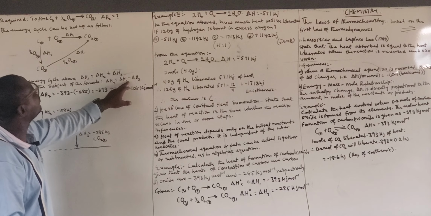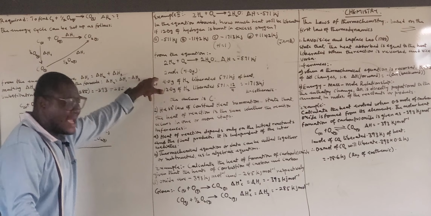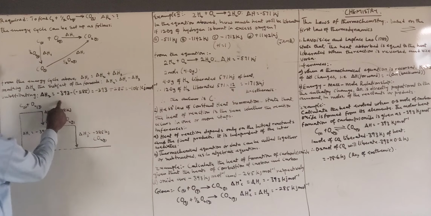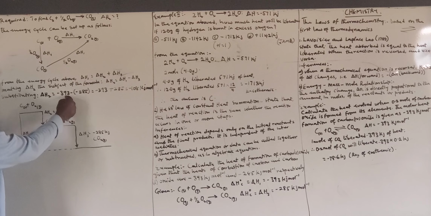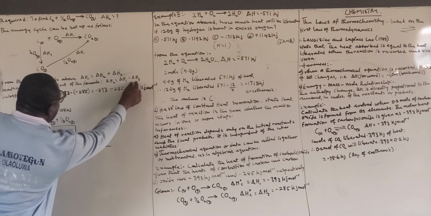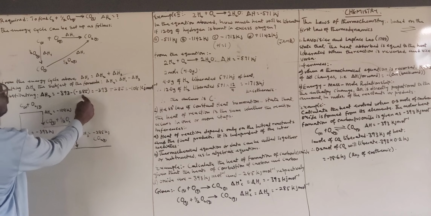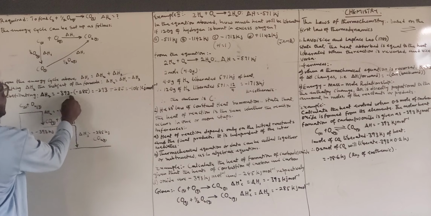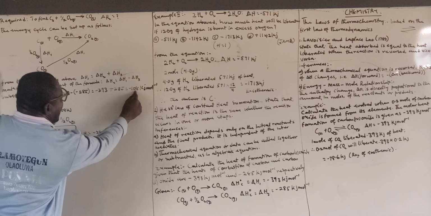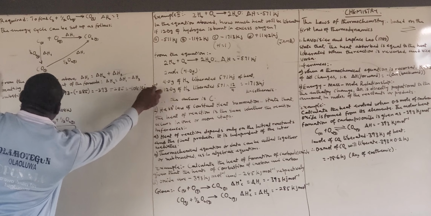Energy change 2 is equal to energy change 1 minus energy change 3. Energy change 1 is minus 393, minus, in brackets, energy change 3, minus 285; minus times minus gives plus. Subtracting, we now have minus 108 kilojoule per mole.